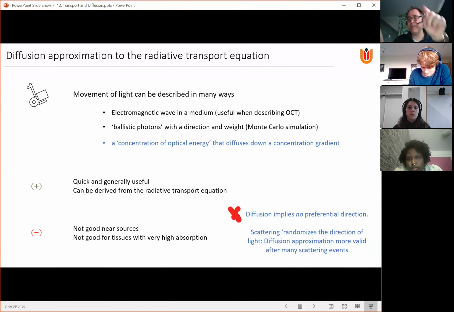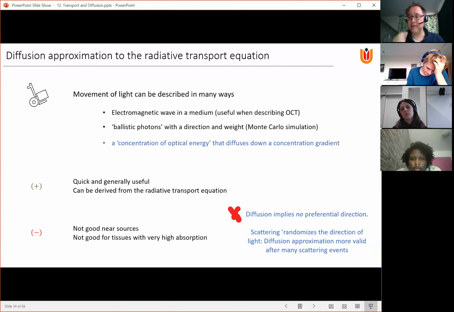But as the light scatters many times, each time under different angles, after a certain while, the directions of the individual photons become randomized. Then there is no preferred direction anymore, and the situation is compatible with this diffusion picture. That is also the reason why it's not so good near a light source, because there the photons still have really preferential directions, but after many scattering events, that is lost, and then this diffusion picture becomes realistic.